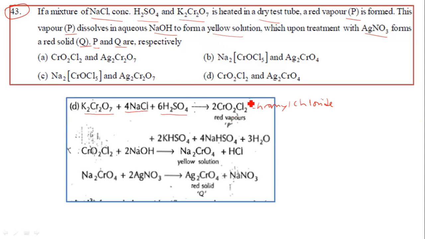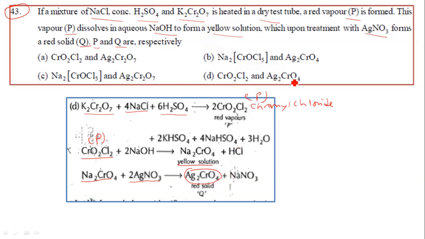This is product P. Next, this chromyl chloride, product P, on treatment with sodium hydroxide gives yellow color sodium chromate. It is a yellow color solution, sodium chromate. This yellow color sodium chromate on treatment with silver nitrate gives a red color solid of silver chromate, Ag2CrO4.